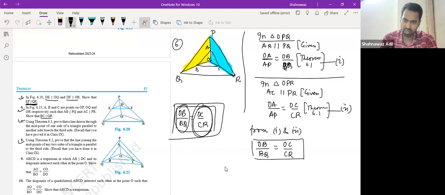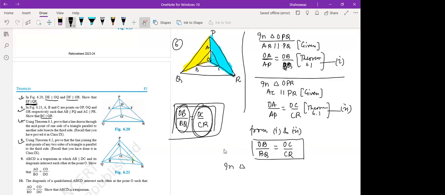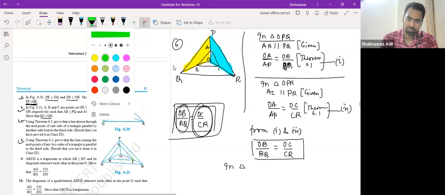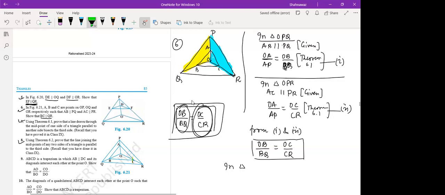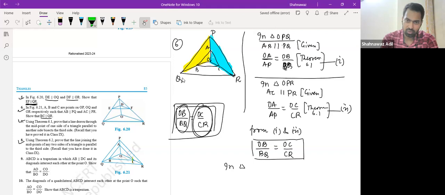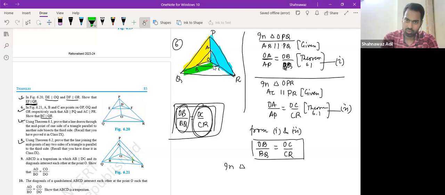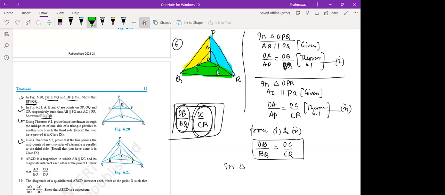So now we will write that in triangle OQR.